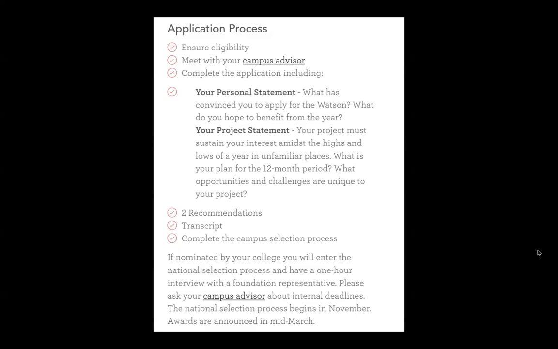And then conversely, when we read the project statement, we should be thinking, oh, of course, with that type of project, this is something Katie should be doing. It's her. And that's why the foundation talks about the fit. That is really about how those two statements go together.